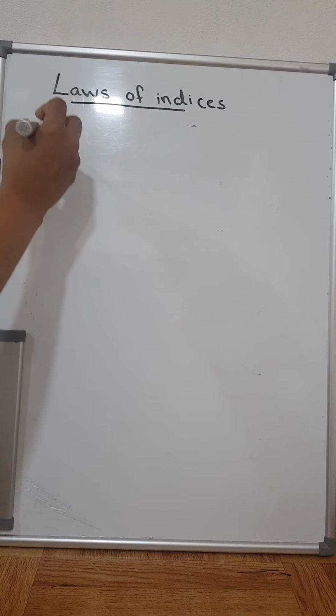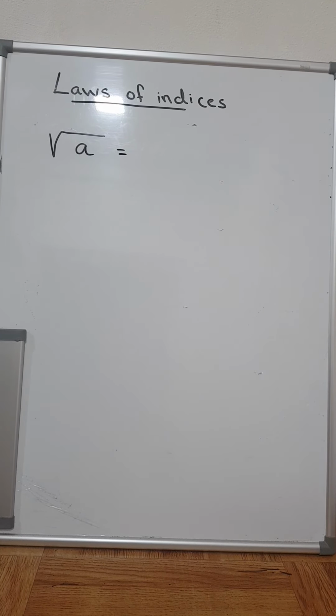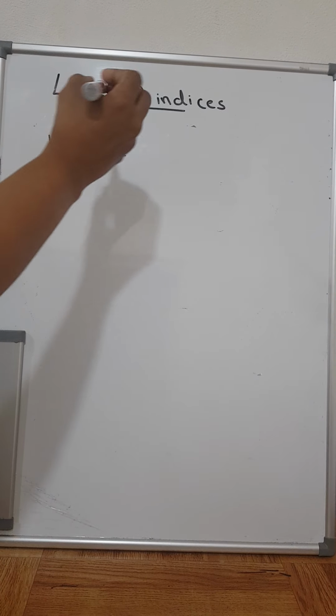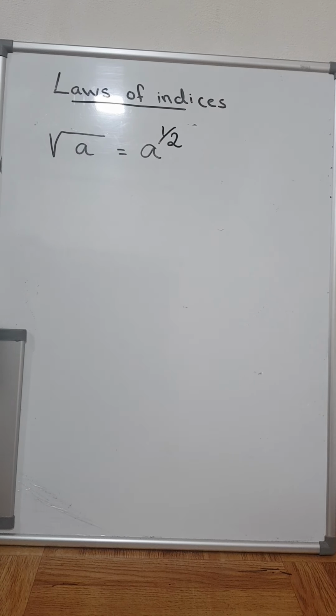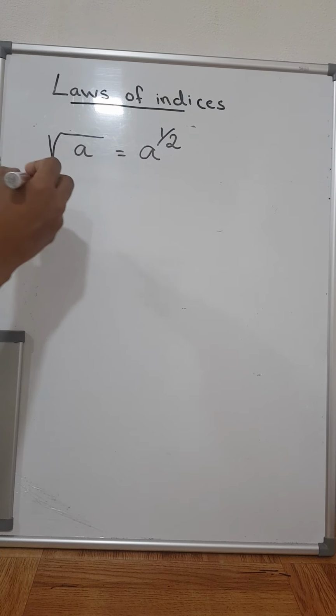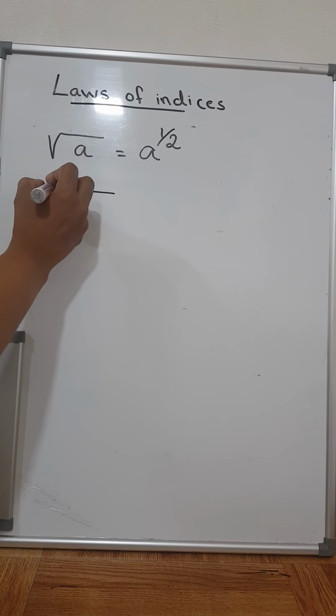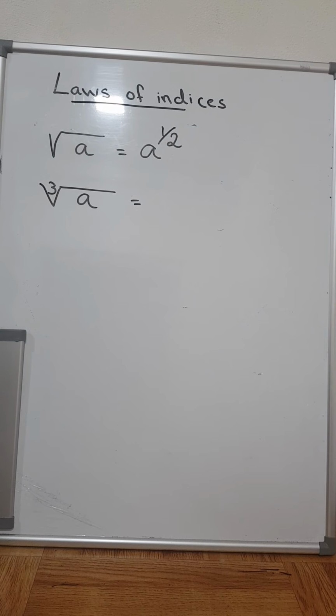How can we represent the square root of a as an index? We can represent the square root of a as a to the power 1 by 2. Now let's check how can we represent the cube root of a as an index.